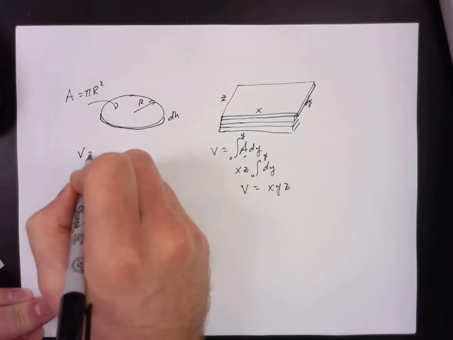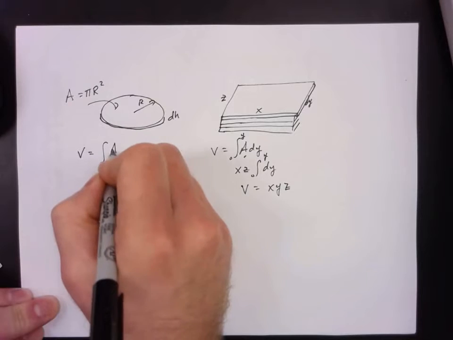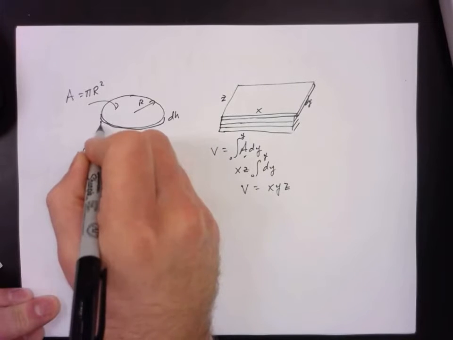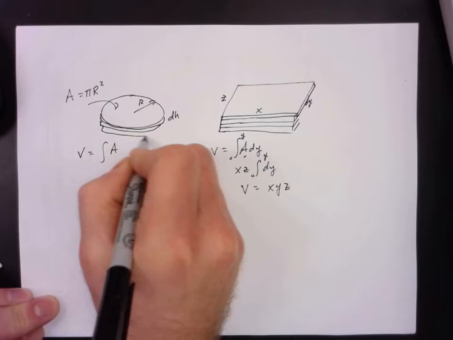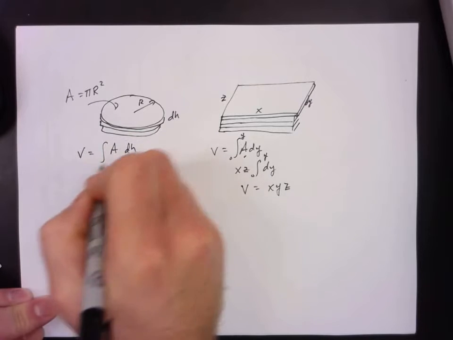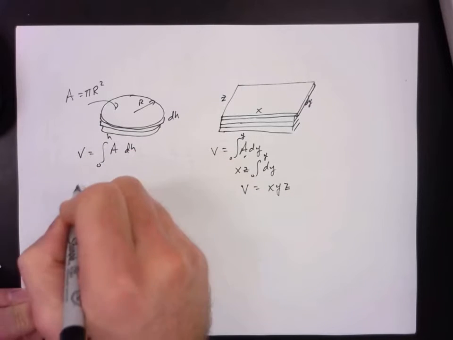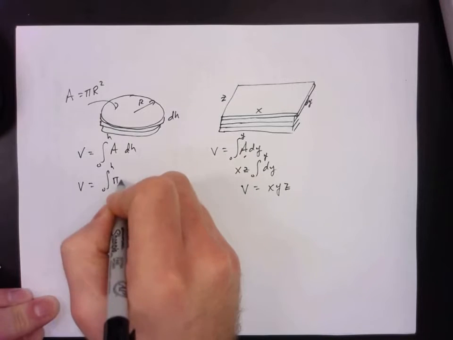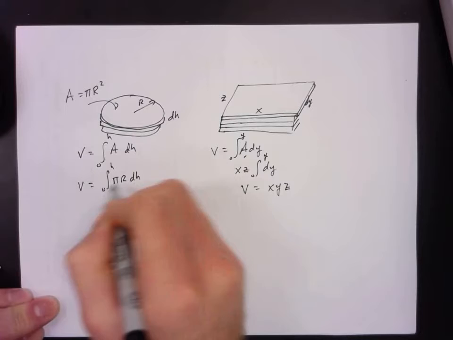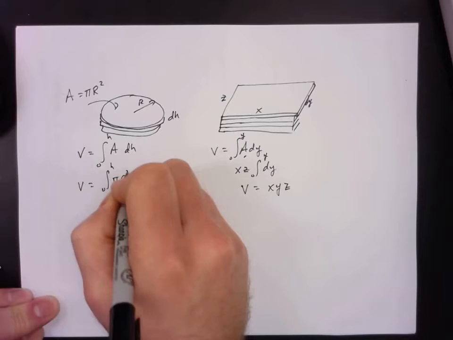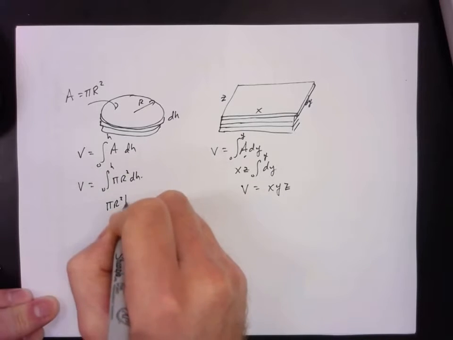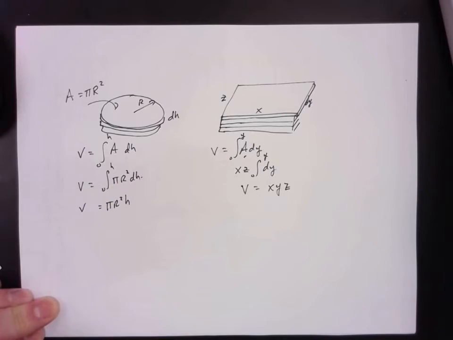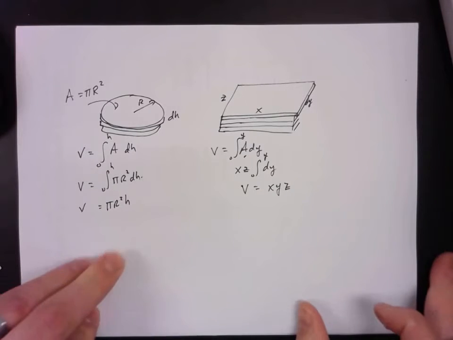So if we wanted to figure out the volume, we'd integrate the area, and if we stacked a bunch of plates on top of each other from 0 to h, we would integrate pi r squared dh. You get pi r squared times h, which is the volume of a cylinder.